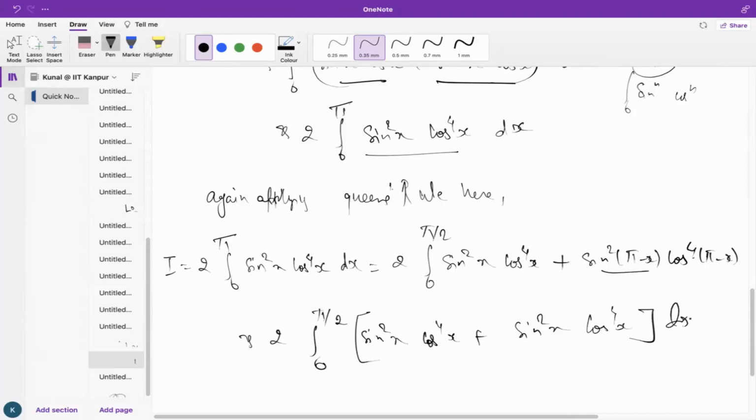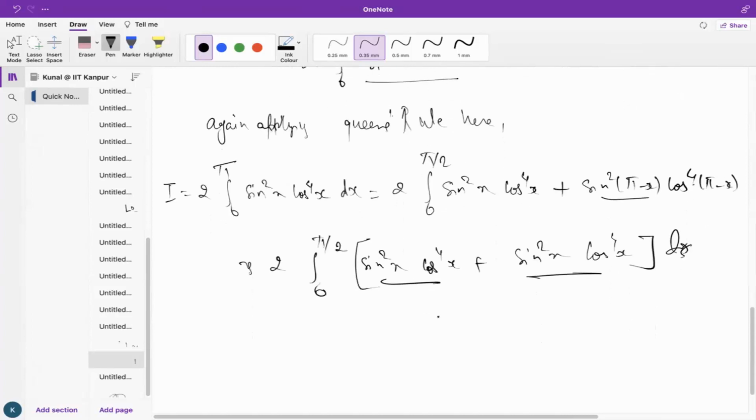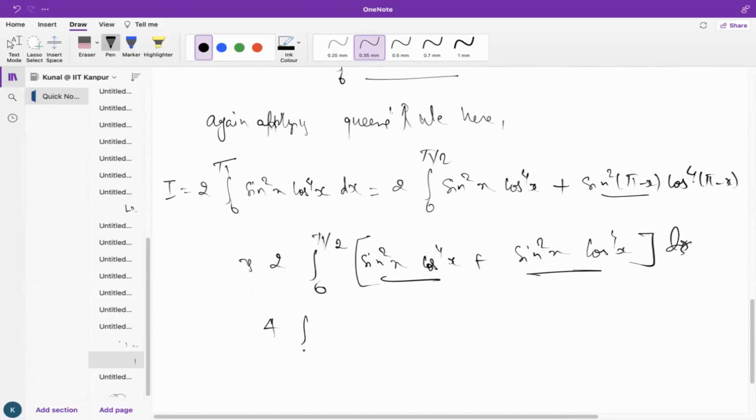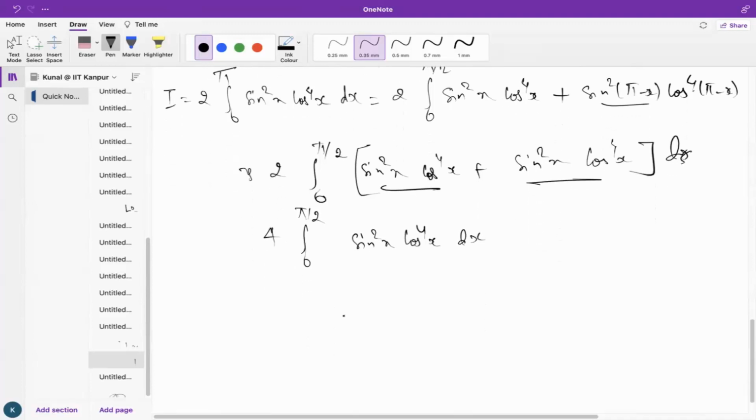If you observe, both are again the same, so we can write 4 times the integral from 0 to pi by 2 of sine square x cos to the power 4x dx. Now applying Wallis theorem here, because now we have the favorable limit, right? We are integrating from 0 to pi by 2 and our integrand looks like sine to the power m x times cos to the power n x. So now applying the Wallis formula here.